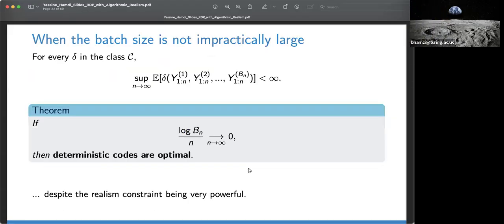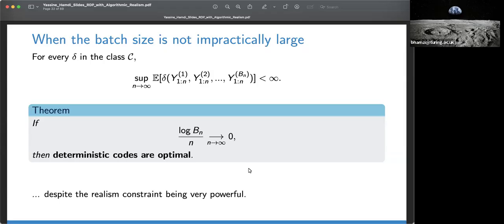And this is our main result: if the number of samples you give to the critic is not impractically large, meaning precisely if it's not exponential in the length of the sequence, so in n, then deterministic schemes are optimal to reach the optimal trade-off between compression, distortion, and realism.